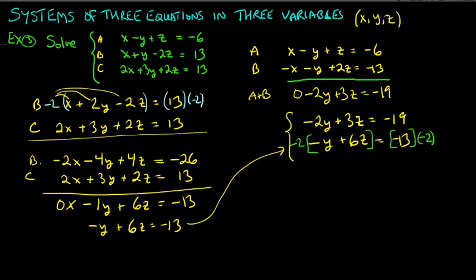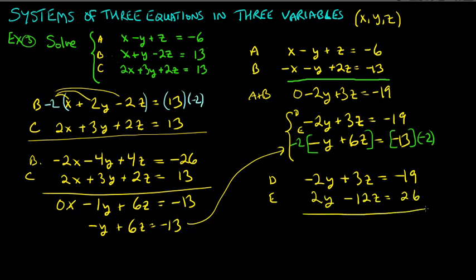Okay, so I'm running out of letters here. How about if I call these, not c, d and e. So this is equation d, this is equation e. So d, we're going to leave alone as negative 2y plus 3z equals negative 19. And then equation e, after multiplying by negative 2, you get positive 2y minus 12z equals positive 26.